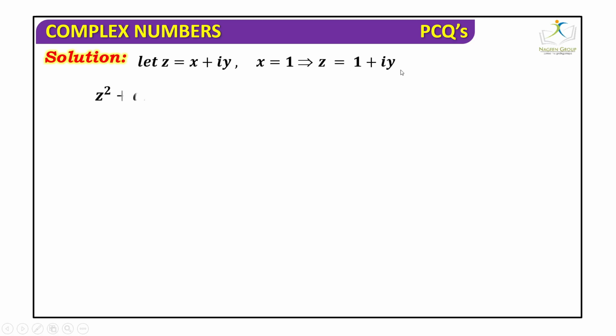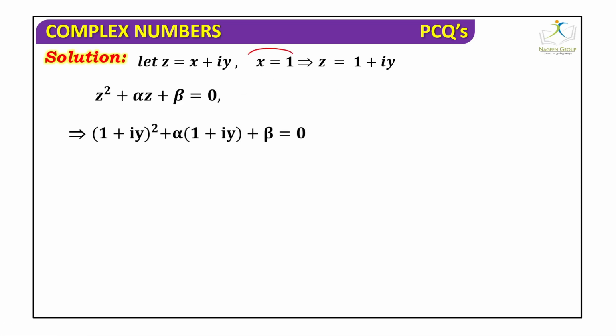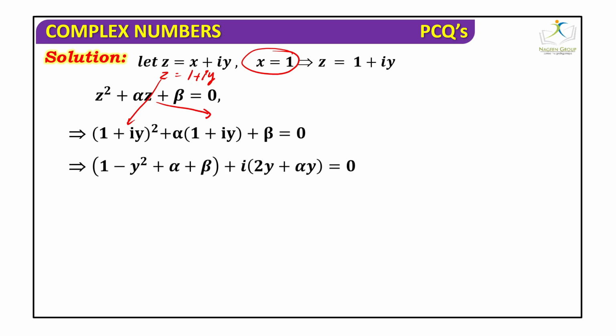Right? Now here z square plus alpha z plus beta is given equal to 0. From here we put the values of this. Right? Here we have the value of x as 1, so from here the value of z will be 1 plus iota y. So we put this entire z here, plus beta equal to 0. From here we solve the values. It's 1 plus iota square into y square plus 2 into iota y plus alpha into 1 plus iota y plus beta is equal to 0.